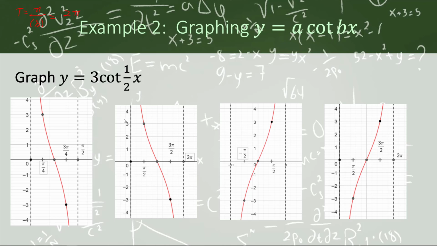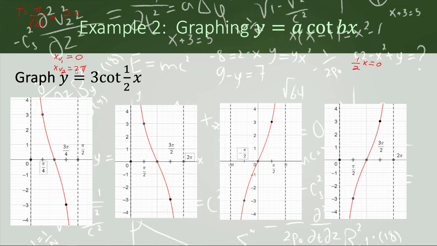The first asymptote can be found by solving 1/2 times x is equal to 0, which by the way will give you that xv1 is equal to 0. That's the first vertical asymptote. The second vertical asymptote will be one period away, which will be 2 pi. So the next one will be xv2 is equal to 2 pi.